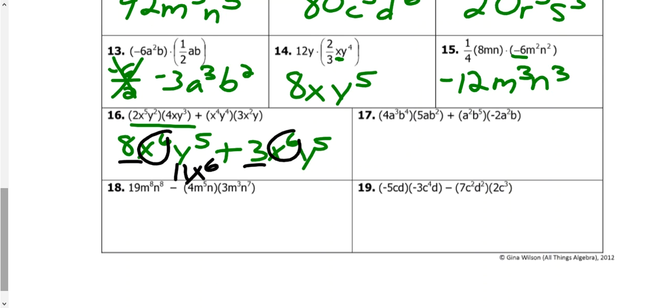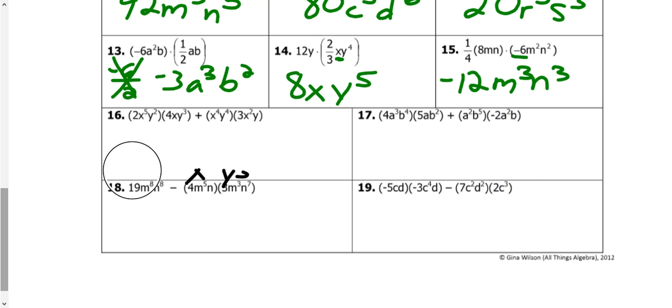And then we have y to the 5th on both of them as well. So let me erase all that and rewrite the answer so it's nice and clear for you to see. So it's 11 x to the 6th, y to the 5th as our final answer.